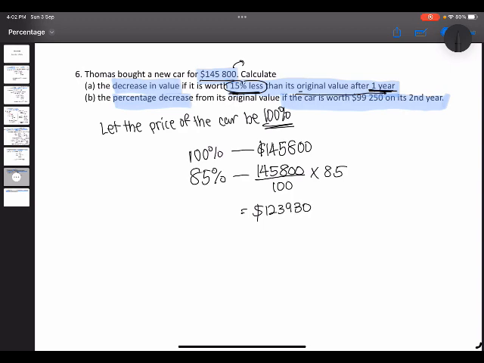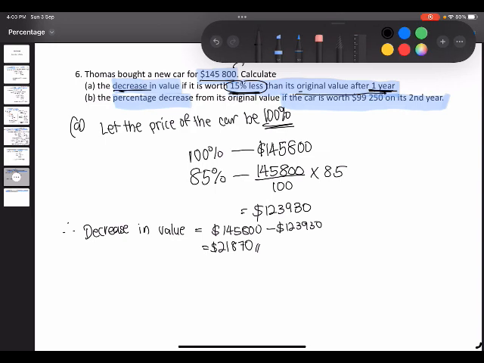Is this the final answer? No, because they're asking for the decrease. What is the decrease? So the decrease in value is the original value minus the value after the first year, which is $21,870. So therefore the decrease in value is $21,870.